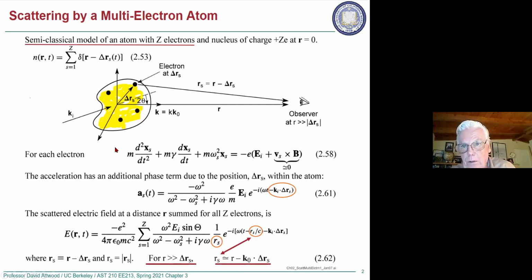So what we would find is that the observer sees this thing, but it has this very complicated phase term. And this combined with this is going to give a k minus k incident. Because the incident wave is at an angle and the outgoing wave is towards the observer, there's a phase factor in here.